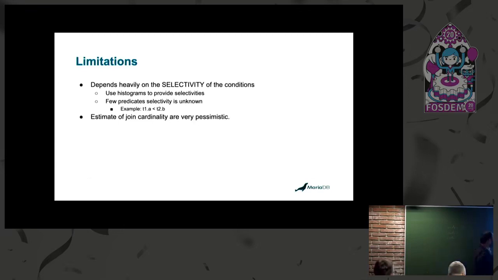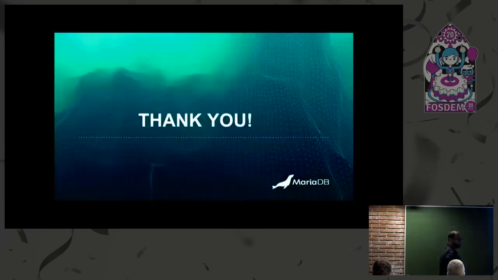And again, the estimates of join cardinality are very pessimistic. We over predict everything. So when we push the limit, our estimates can be very optimistic instead of being pessimistic. Yeah, that's all. Thank you.